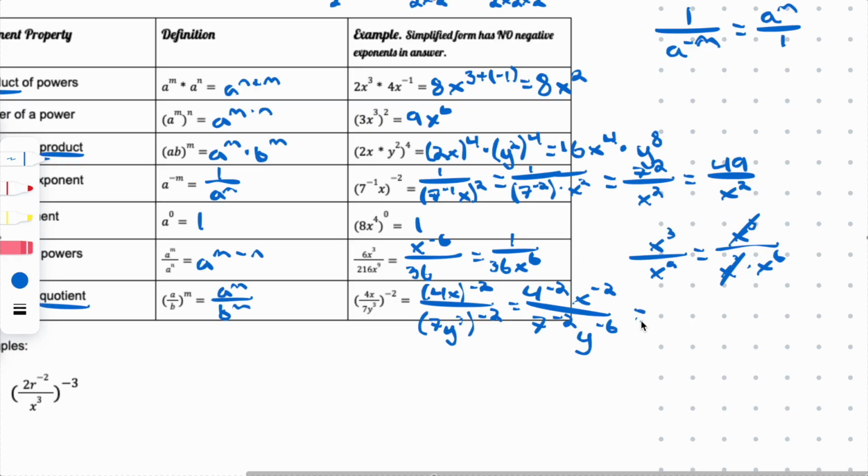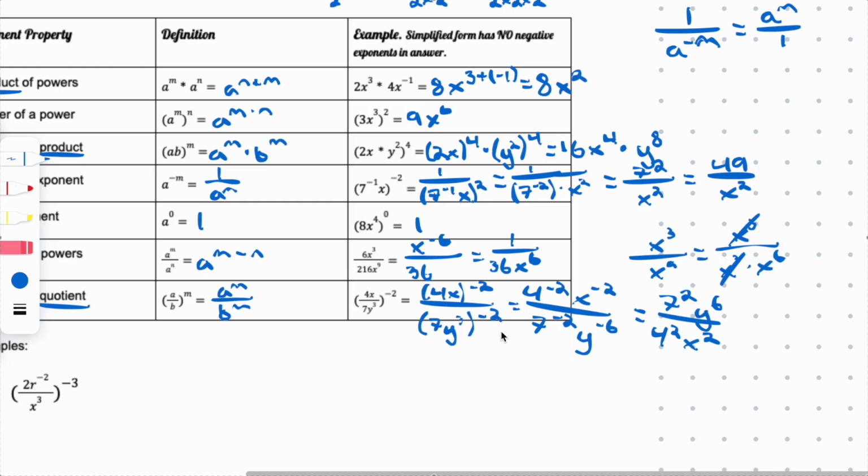but essentially what we do is we switch all these. So I'm going to just take the reciprocal and flip everything. So we have 7 to the positive second power on the numerator, y to the positive sixth power on the numerator, and 4 to the positive second, and x to the positive second on the denominator.